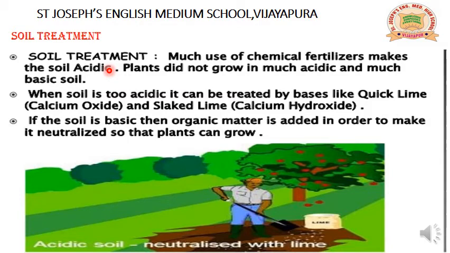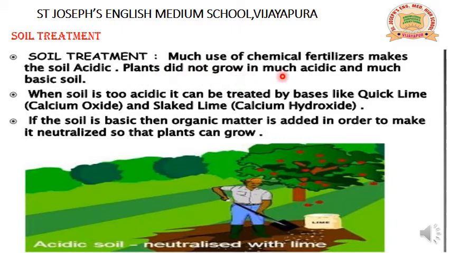Instead of chemical fertilizer, it is better to use organic fertilizer. But here we don't have much opportunity to use organic fertilizer. We need quick yield, so we are using chemical fertilizer, which makes the soil acidic.